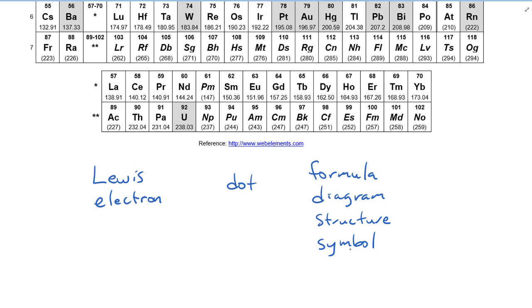So if we refer to something as a Lewis formula, a Lewis formula is the same as an electron dot structure, or a Lewis dot symbol, or a Lewis symbol. Okay, so all of those things refer to the same thing, and I don't know why we don't standardize the vocabulary on that, but I usually refer to it as the Lewis diagram. I'll use all of them, I guess. Right?